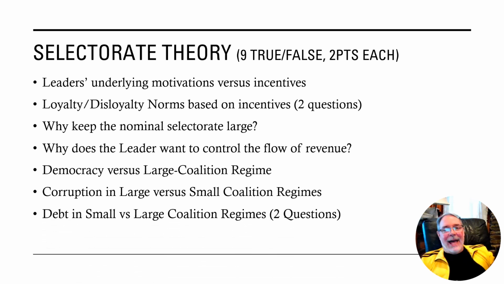Finally, debt. In small versus large coalition regimes, there's two things on this, and there was a piece by Alistair Smith that I think may or may not have, at one point there's an article by him on this. They look at the question of debt in small versus large coalition regimes, and what they find is that in small coalition regimes, the dictators, they will run up pretty outrageous debt.